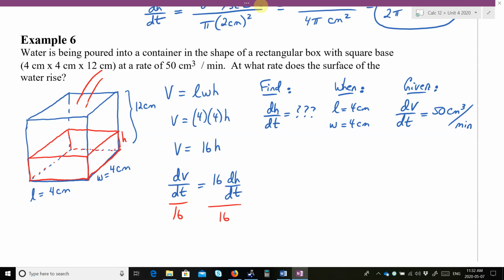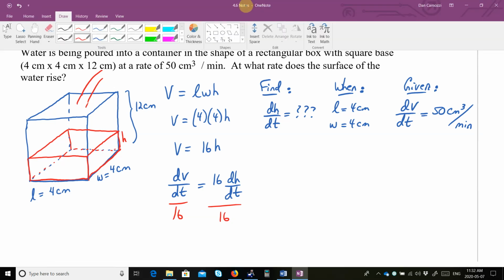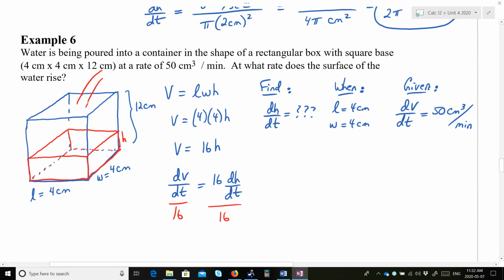So dh/dt is equal to dV/dt divided by 16. The dV/dt is 50 centimeters cubed per minute.